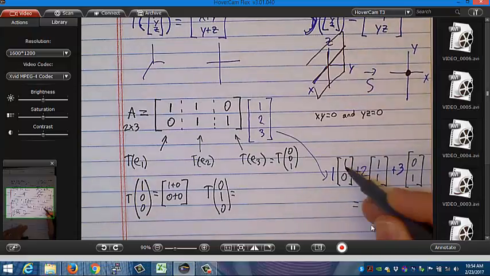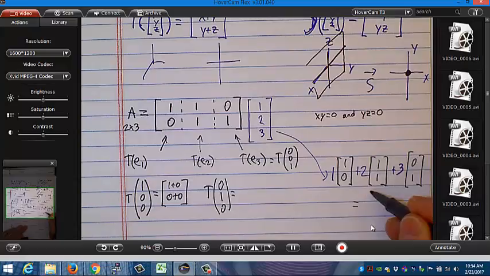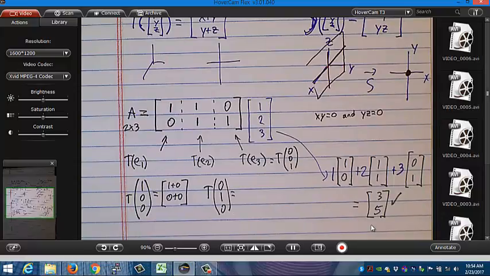Yeah, it really does give me 1 plus 2 is 3, and then 2 plus 3 is 5. It gives me what I wanted. So again, if you want to know what a linear transformation does to a set of vectors, look at what it does to a basis. Especially if you have a subspace, you'll have a basis, and then you'll know what it does.